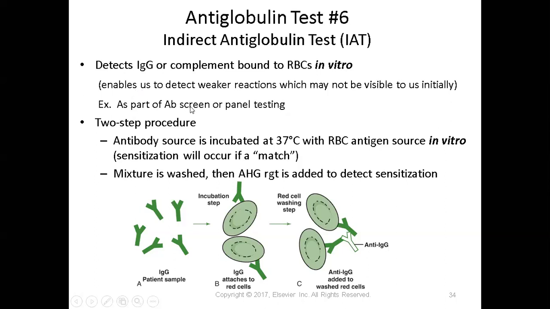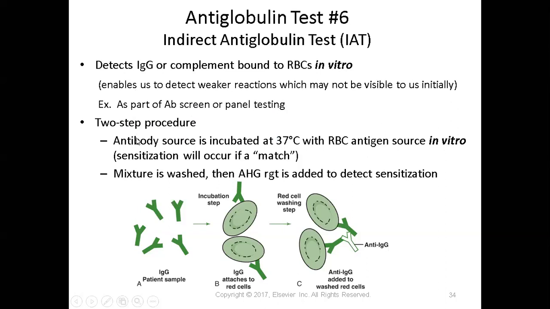So it can be used as part of an antibody screen or part of an antibody panel test that we're doing. So here it's a 2-step procedure. We basically are adding an antibody source with a red cell antigen source and incubating them together at 37 degrees.